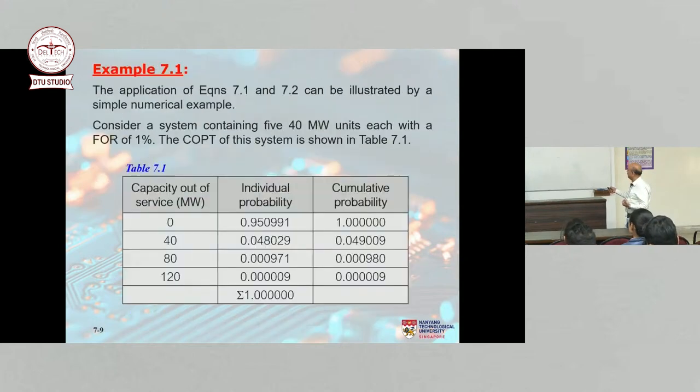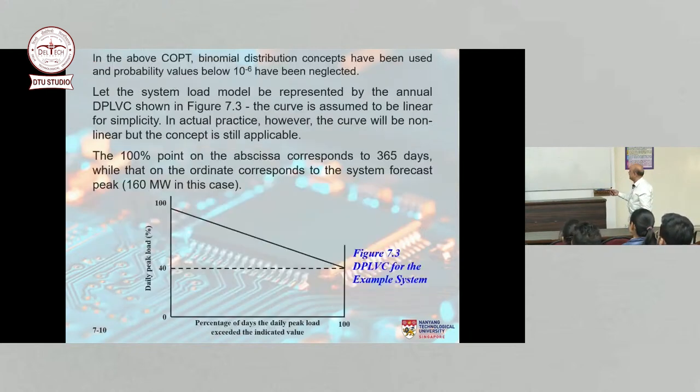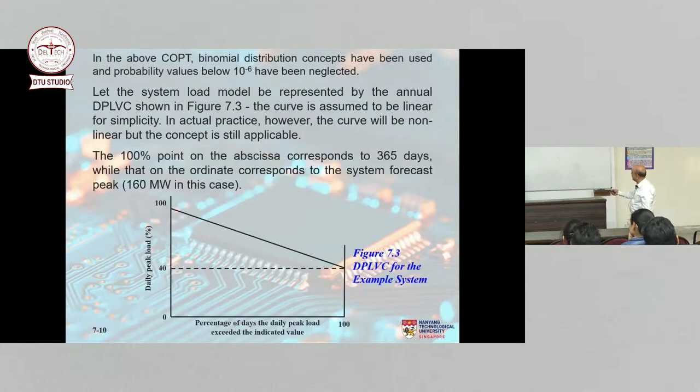If I use that equation Pk, Tk, the time unit is 0, right? So the first case, when there is no outage, no generator is out, Tk is 0. Then the next outage is 40 megawatt. How many states are there?